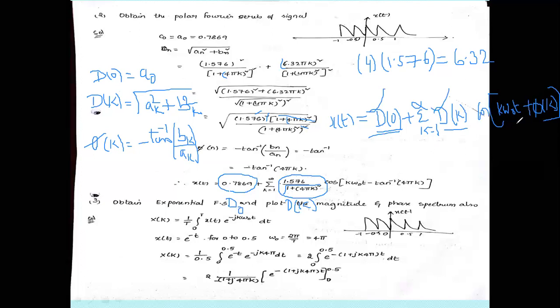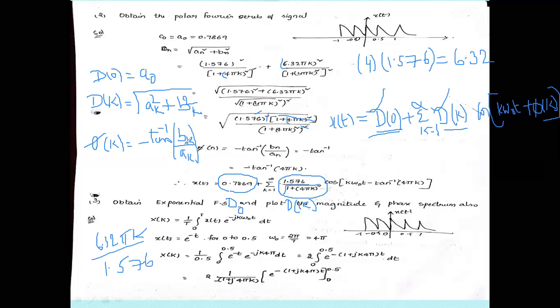It is a plus only, my dear students. Phi of k is equal to minus tan inverse b suffix k over a suffix k. What is b suffix k here? 6.32 pi k whole square, denominator is the same. And here also 1.576, denominator is the same. So tan inverse of 6.32 pi k divided by 1.576.